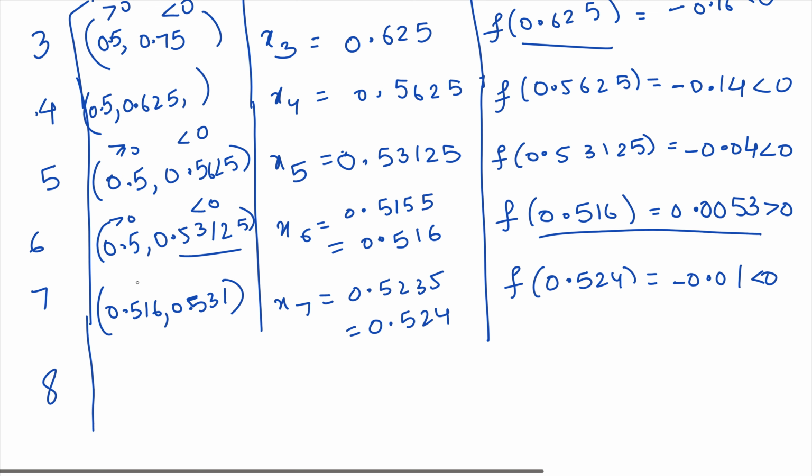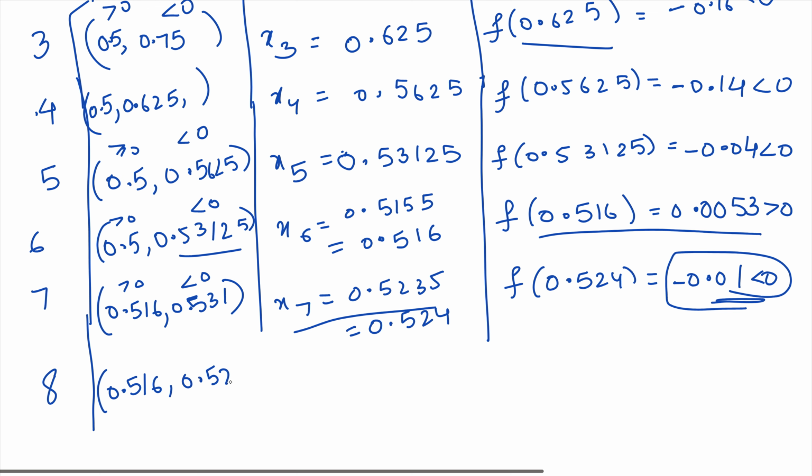Now this was giving us greater than 0, this was giving us less than 0. Since the middle value is giving us less than 0, we will take greater than 0 from the previous interval and this one. Okay, greater than 0 from the previous interval is 0.516 and this value is 0.524.